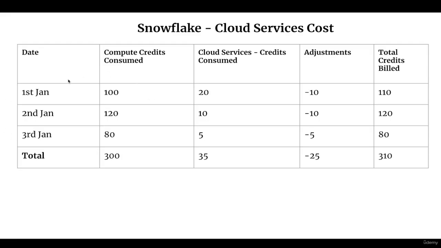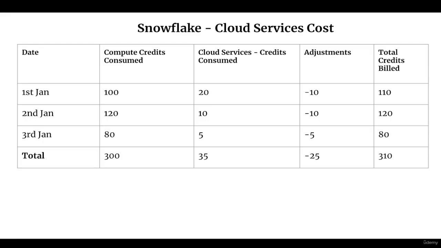Let's say on the 1st of Jan, you consumed 100 compute credits. By compute credits, I mean essentially your virtual warehouse, right? So on the 1st of Jan, your virtual warehouse cost was 100 credits. And your cloud services cost was 20. Now, 20 is 20% of 100, which means it exceeded the 10%, right?